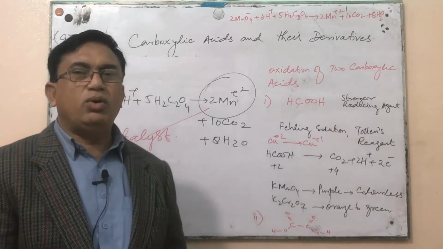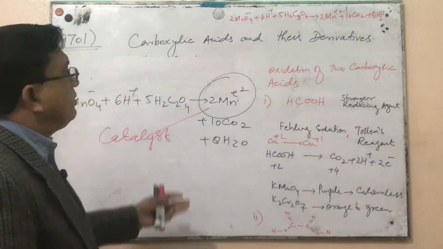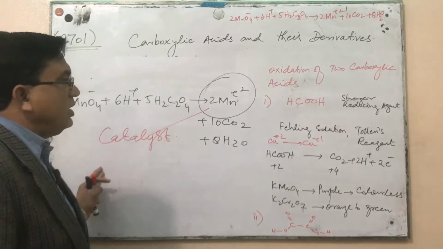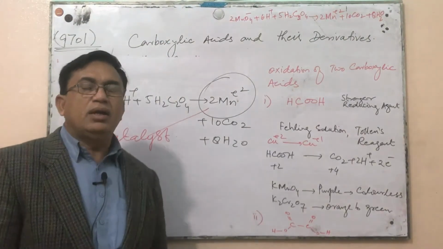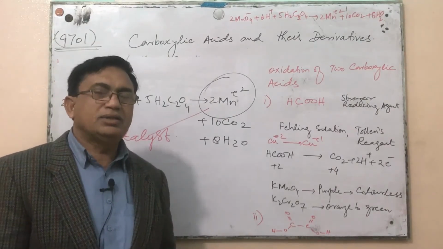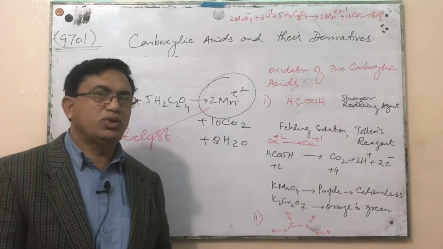This is all about the introduction of carboxylic acids, their acidic strength, and the behavior on the basis of which they can act as reducing agents and be oxidized quite easily.